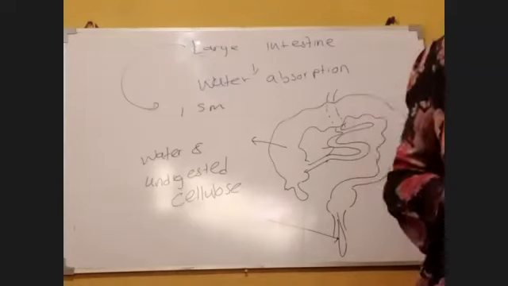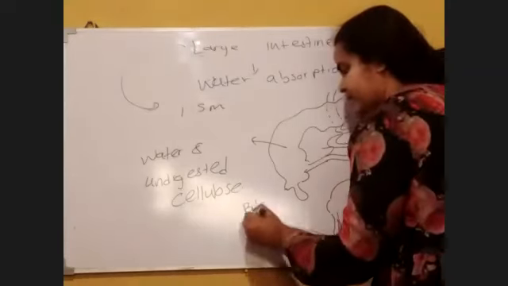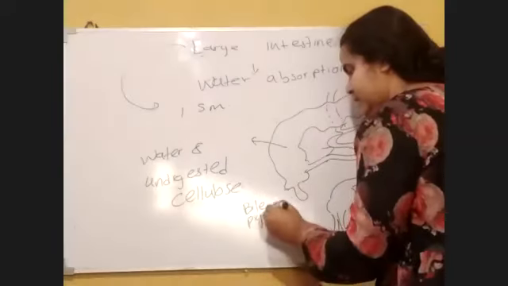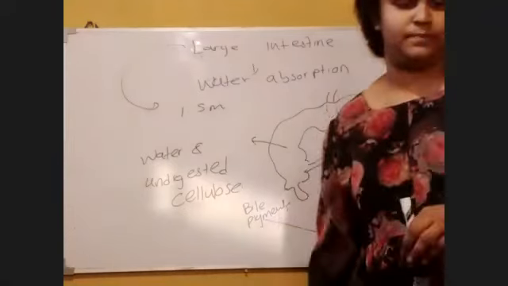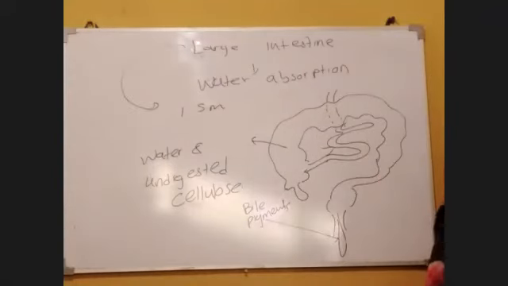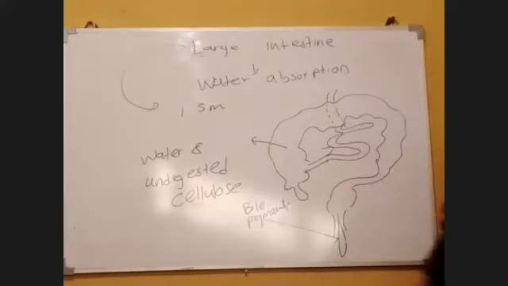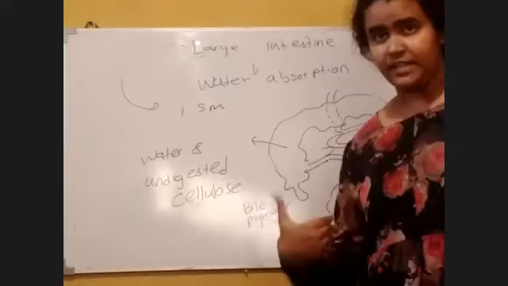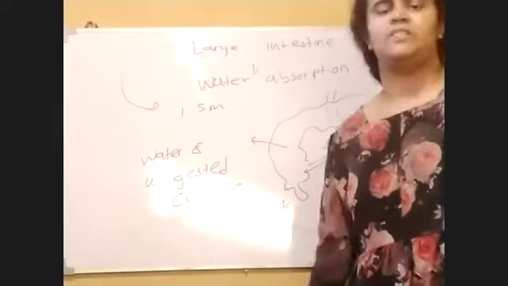Due to the bile pigments. Fecal matter is yellow in color due to bile pigments. And this fecal matter contains all the undigested food, which is waste matter. So all this undigested food is passed through the fecal matter. Okay.